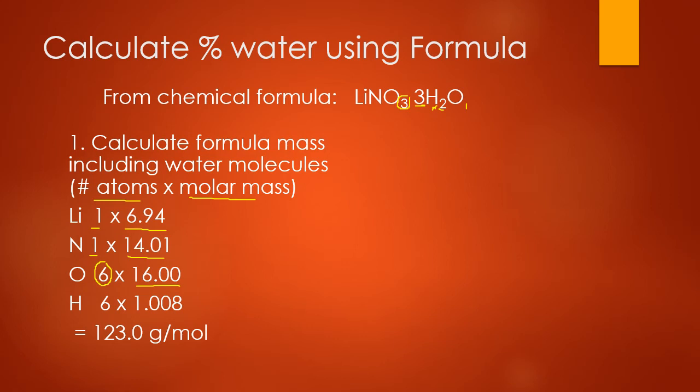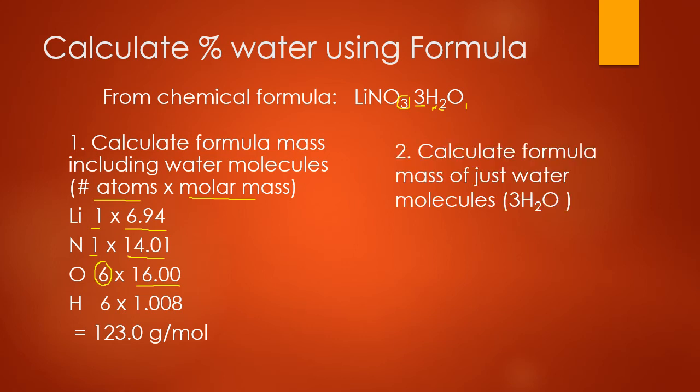So next what we need to do is calculate the formula mass of just the water portion, so just those 3 water molecules, because we're trying to figure out the percent of water in this hydrate. So we need the molar mass of just the waters. So since there are 3 waters, we have just hydrogen and oxygen present, 6 total hydrogens, because there are 3 water molecules and 2 hydrogens per molecule.